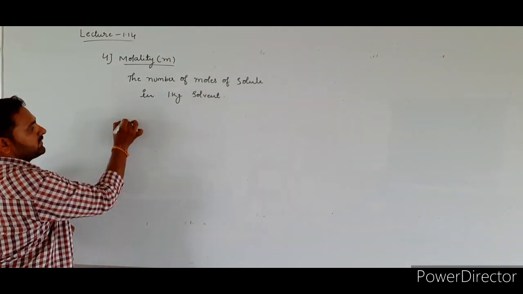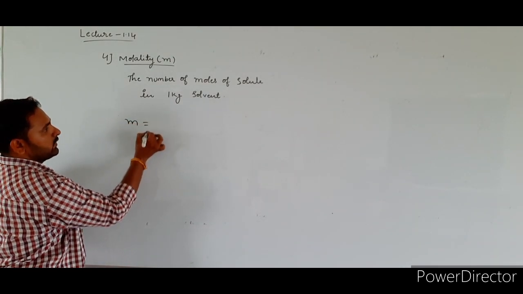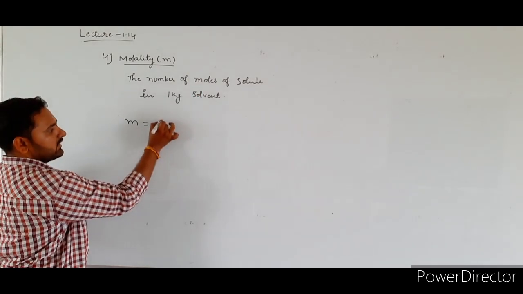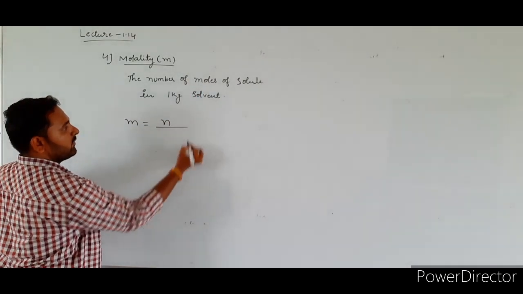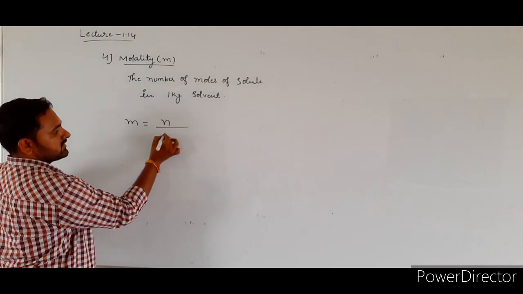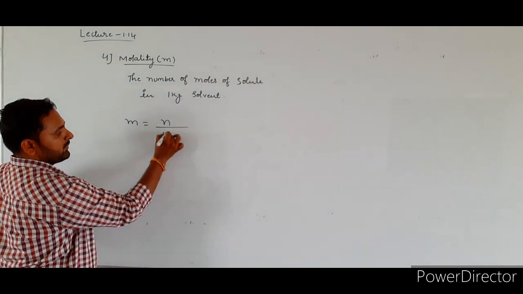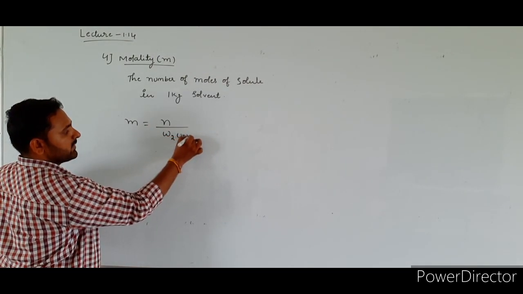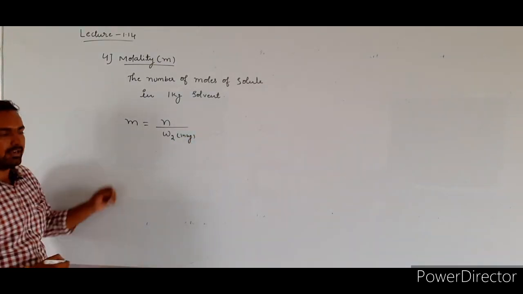And the mathematical expression is molality is equal to number of moles of solute, denoted by small n, divided by mass of solvent in kg. Mass of solvent is denoted by capital W, W2, in kg. This is the mathematical expression for molality.